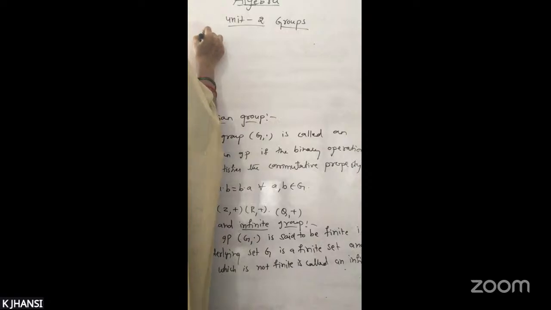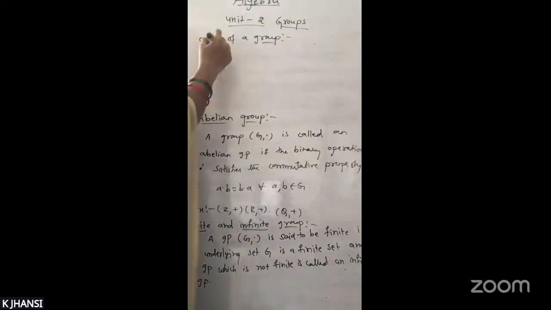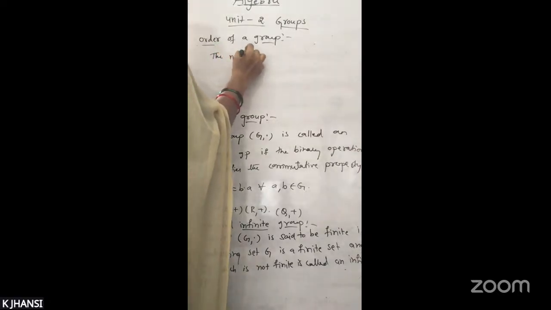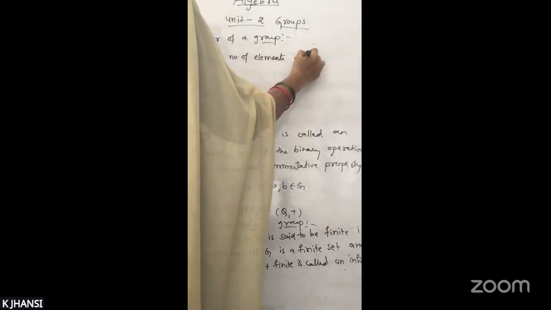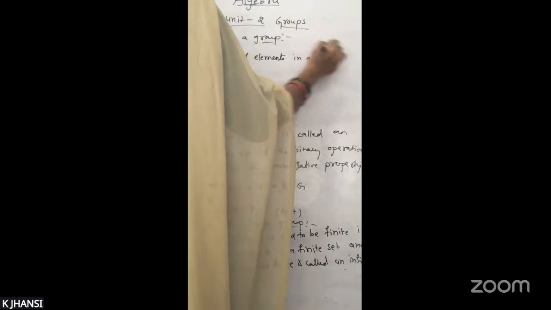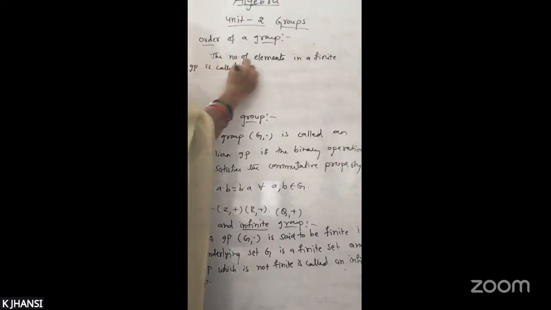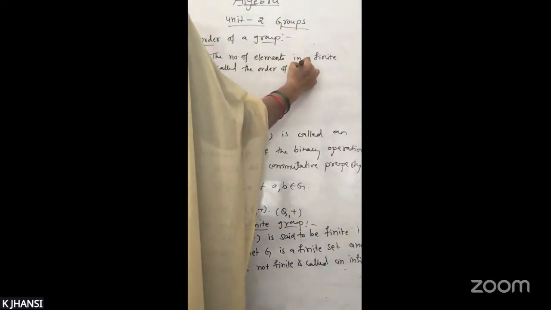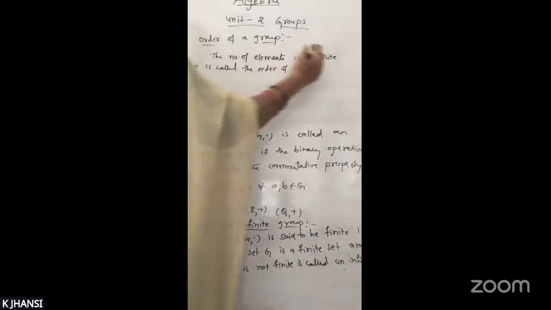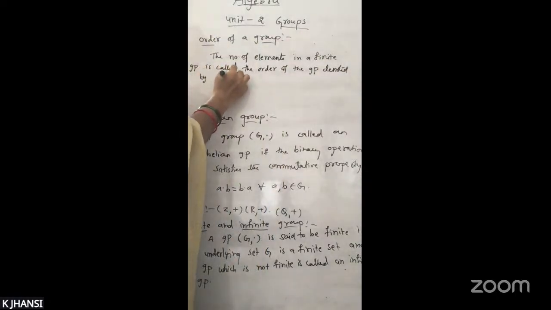Order of a group. So order of a group means the number of elements in a finite group is called the order of the group, denoted by order of G, like this.